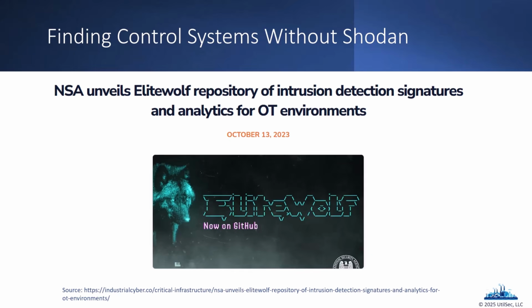So in the next part of this section, we're going to talk about how we can find control systems using general or generic or normal search engines, like just Google. This goes back about 2 years now, to when I remember the NSA released the EliteWolf project.